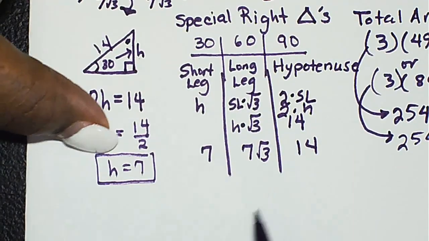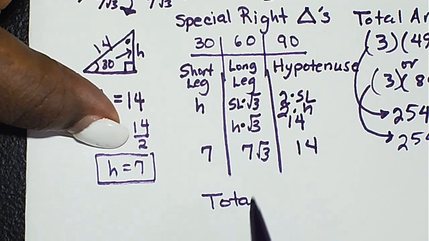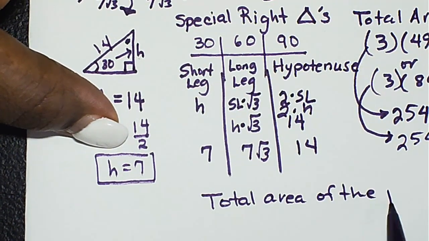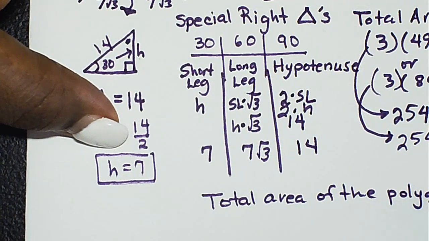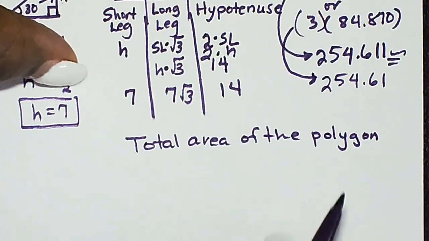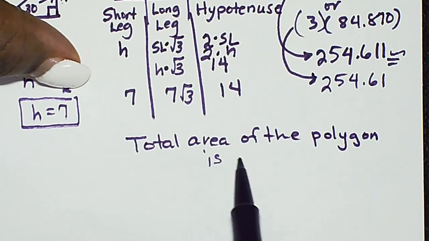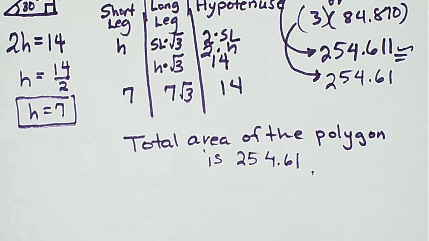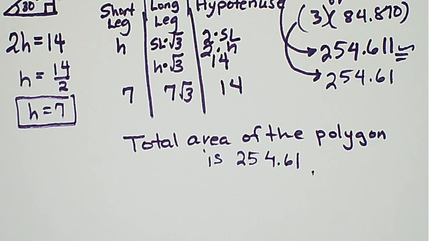So the total area of the polygon is 254.61. The video was 8 minutes instead of 20, but it got to the point.